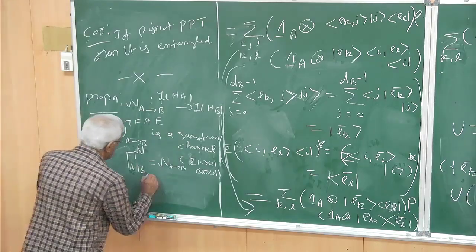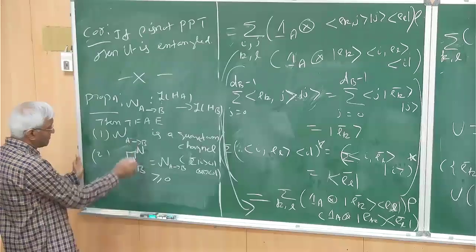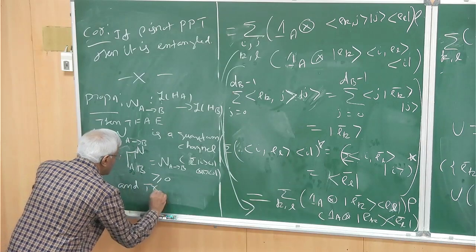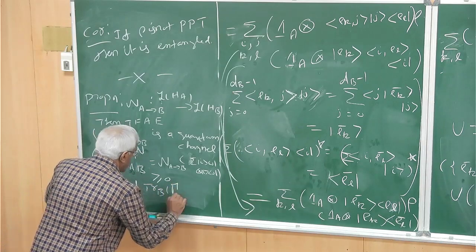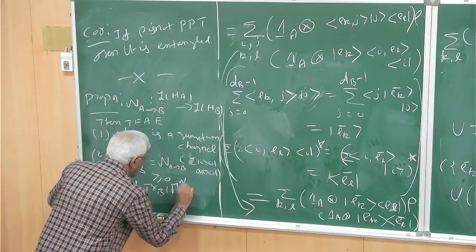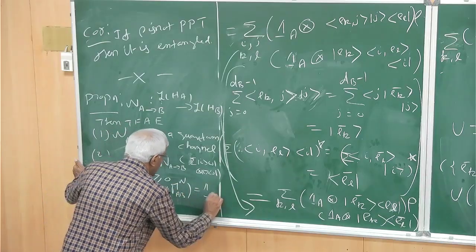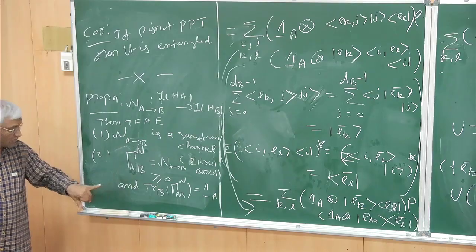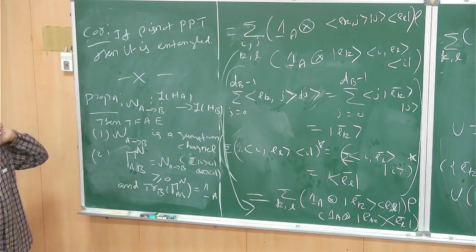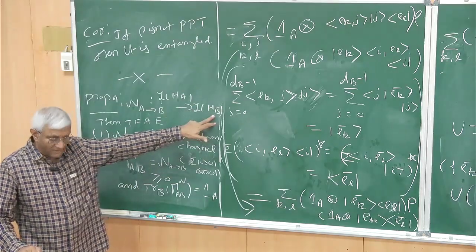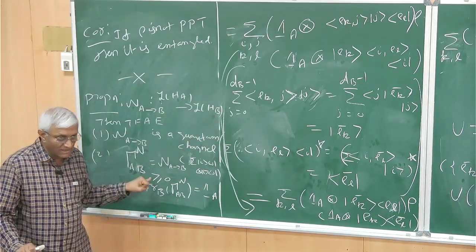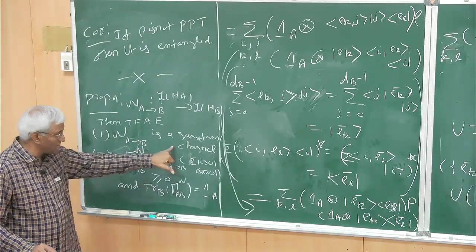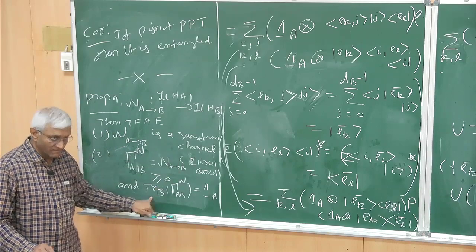This is positive, greater than or equal to 0. This is the equivalent condition for it being completely positive. And trace over B of gamma N AB is equal to identity on A. This is a matrix in HA tensor HB, and that has to be positive, which will determine that this is completely positive. The second condition, it should be trace preserving, is ensured by this. We'll prove it.